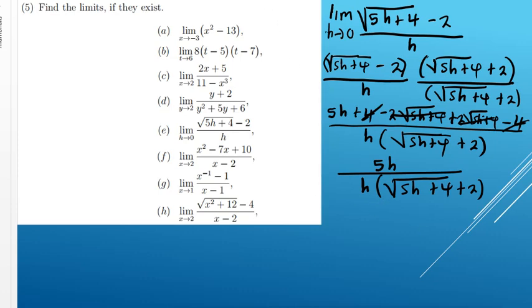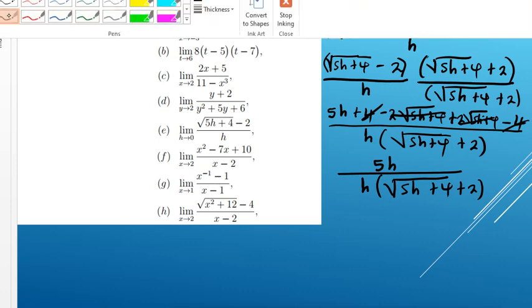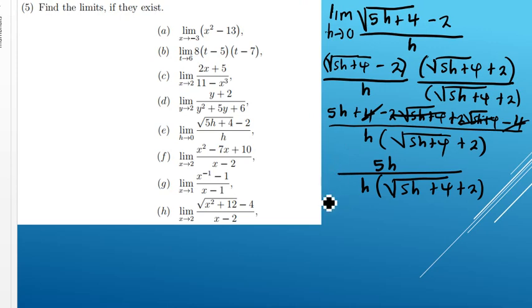So we can now take the limit as our h is now approaching 0.